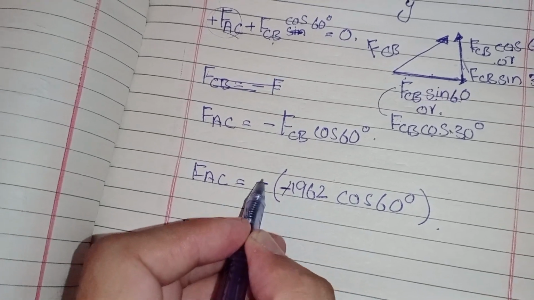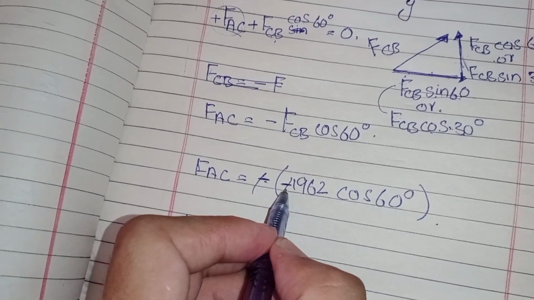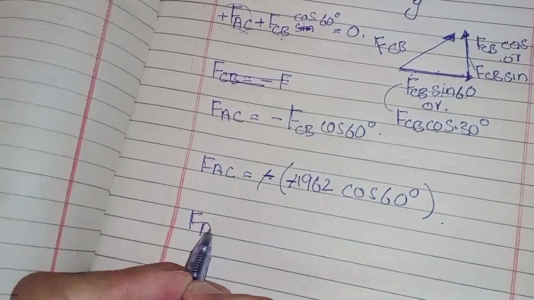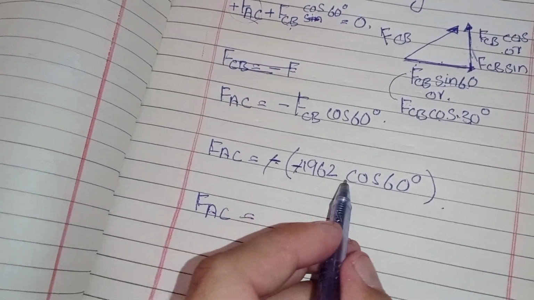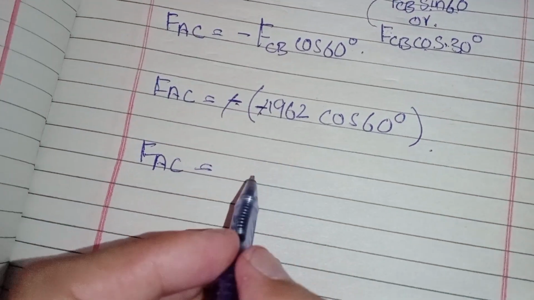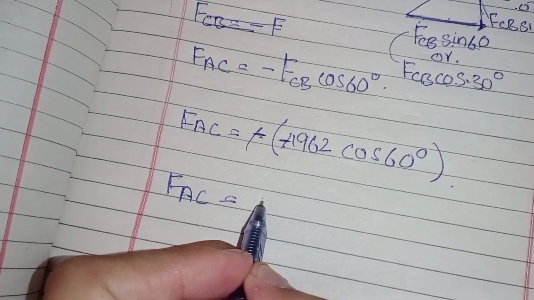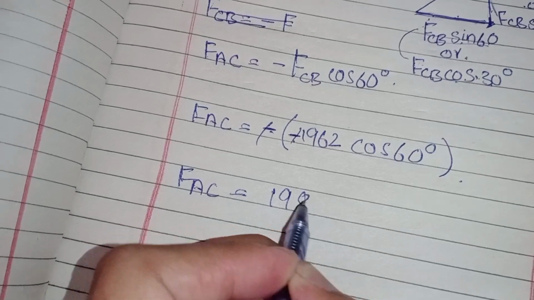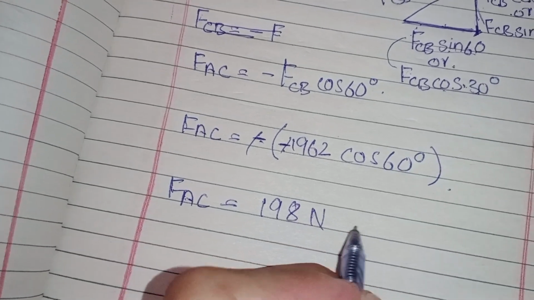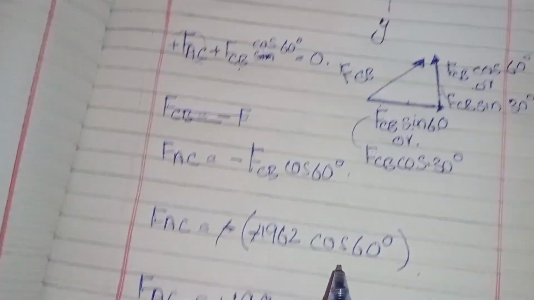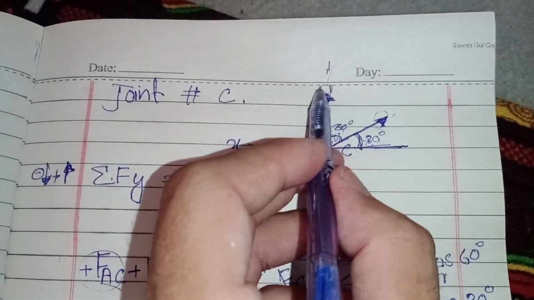The signs will cancel out: minus into negative equals positive. If you calculate it on the calculator, you will get the answer 981 Newton, and it comes with a positive sign, which means that our assumption was right.